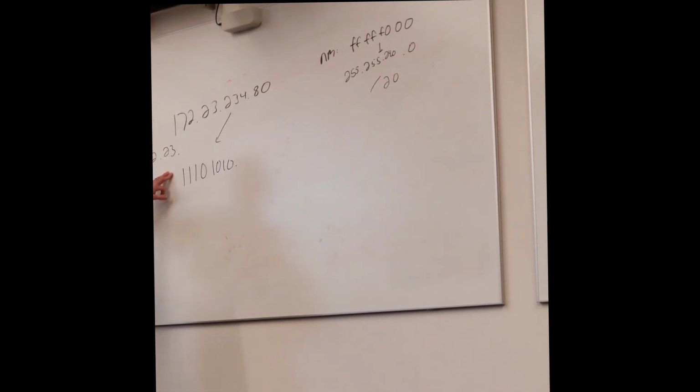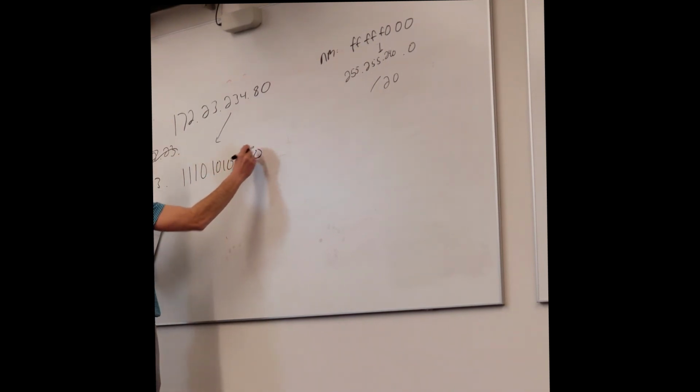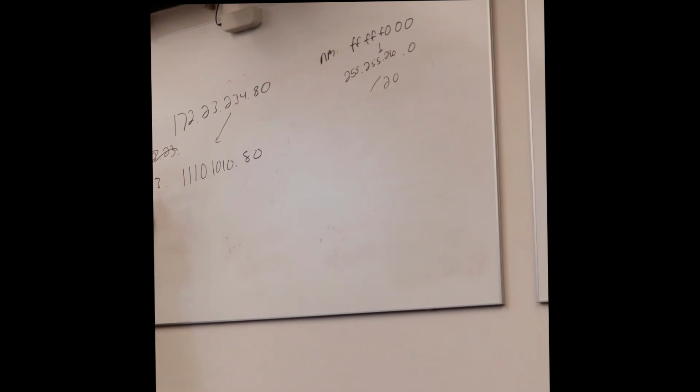So we're going to say slash 20. So our net mask is going to include 172.23 dot something, and we're just going to write it like this. This is 8, this is 16, so 20 is right here, right?